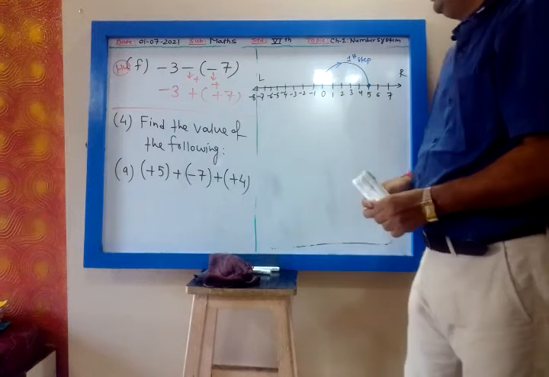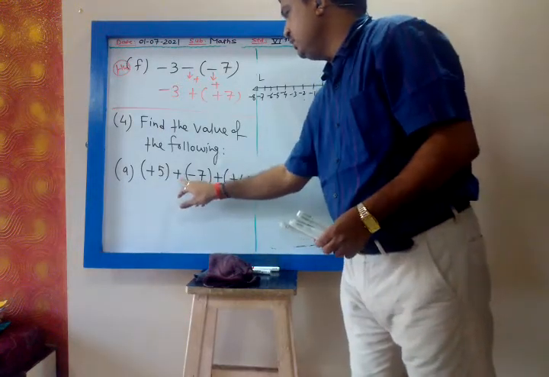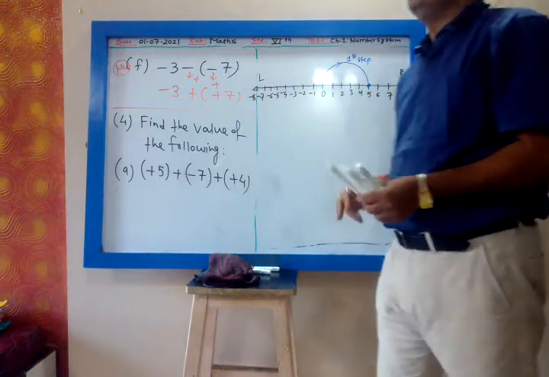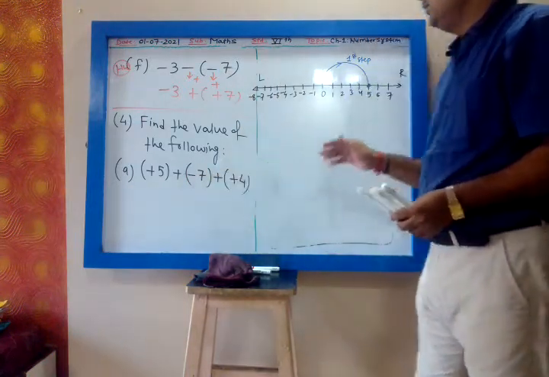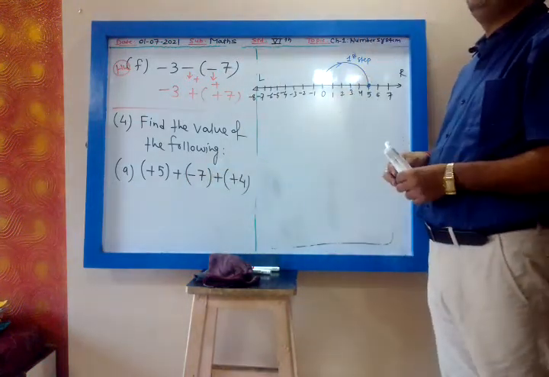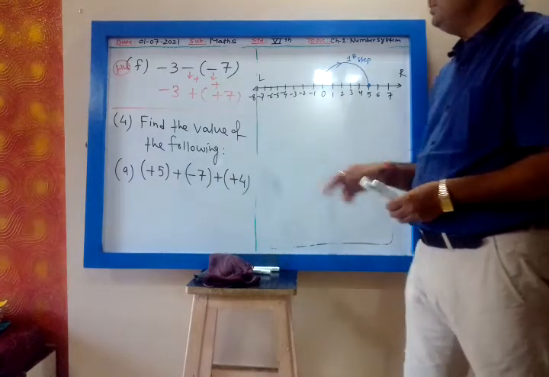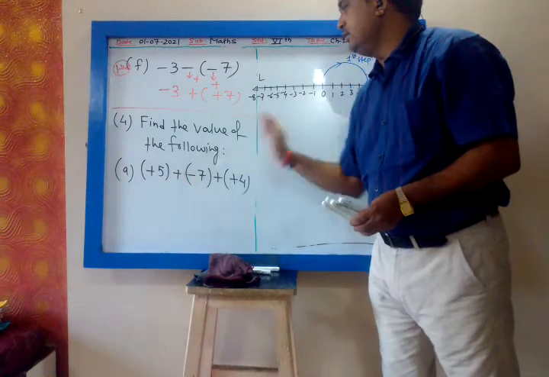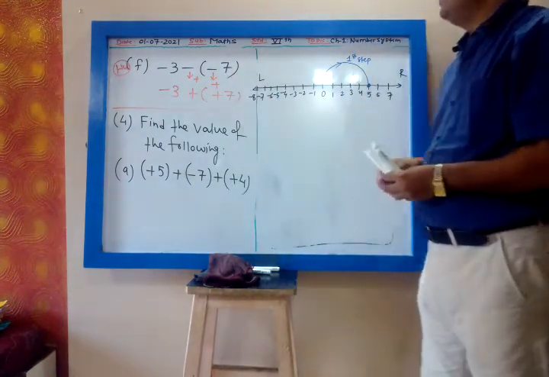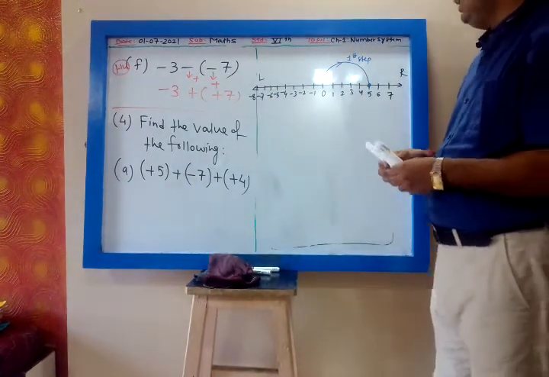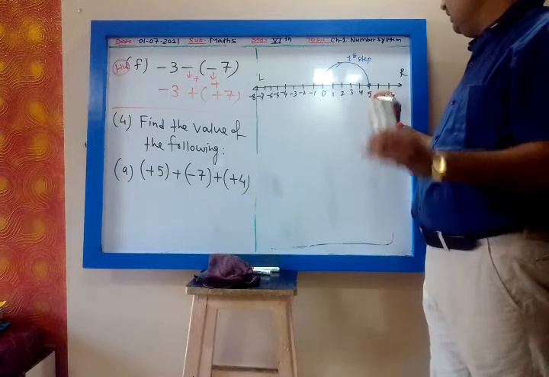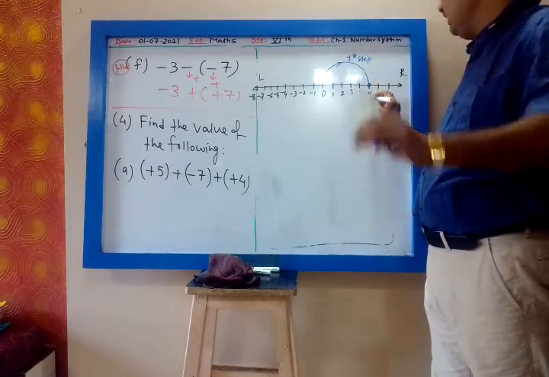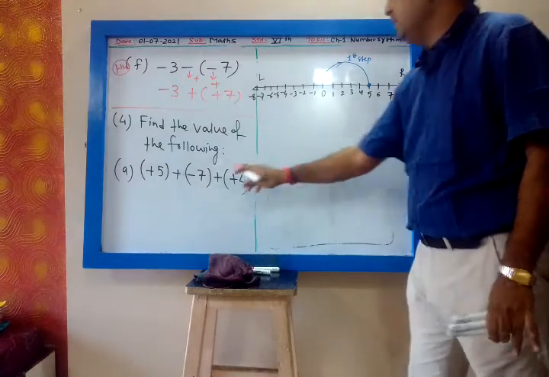Then to this +5 we want to add -7. It is -7. So after move you have to jump. Now I will jump from +5. It is -7. So where I will jump? To the left. Now, let us make 7 jumps.